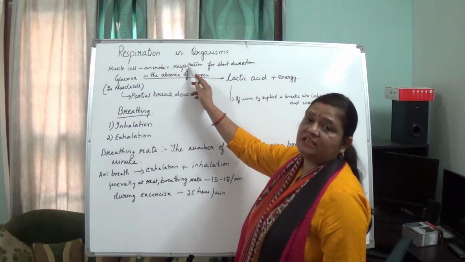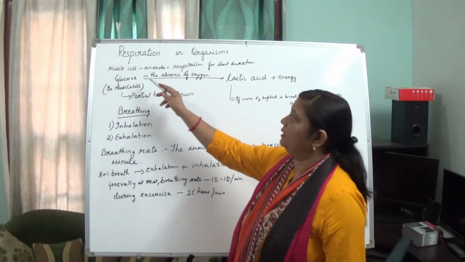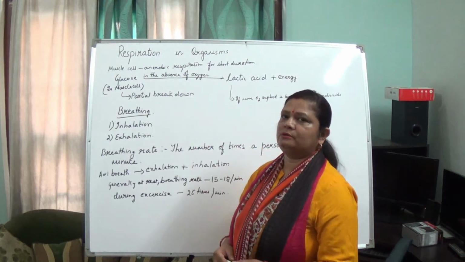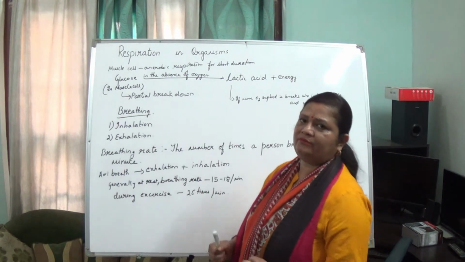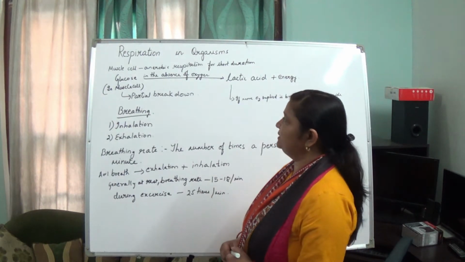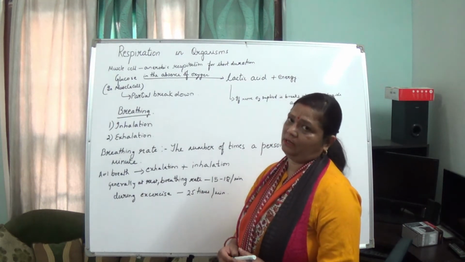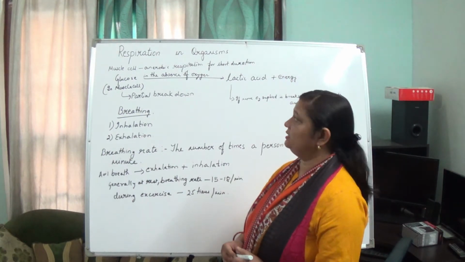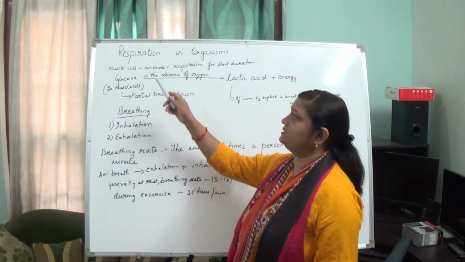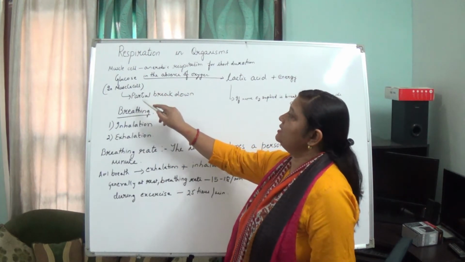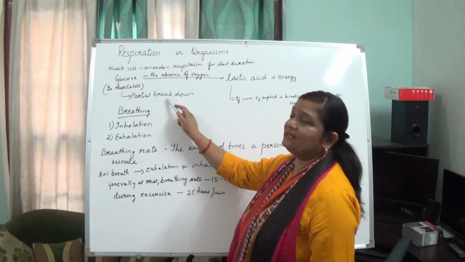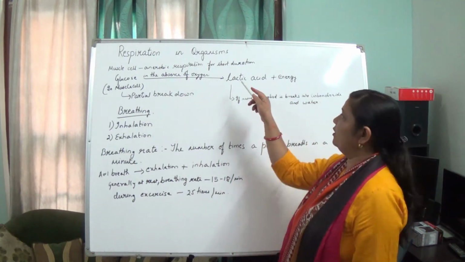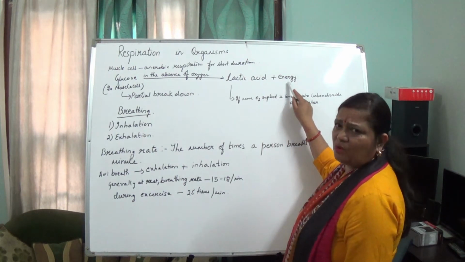In muscle cells, anaerobic respiration takes place for a short duration, but when you do very heavy exercise, you get cramps in your legs and it starts paining. This is because the glucose present in the muscle cell has undergone partial breakdown because there is no oxygen. It forms lactic acid and a small amount of energy.